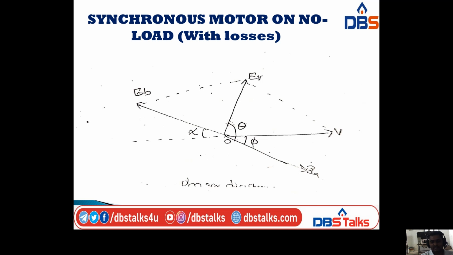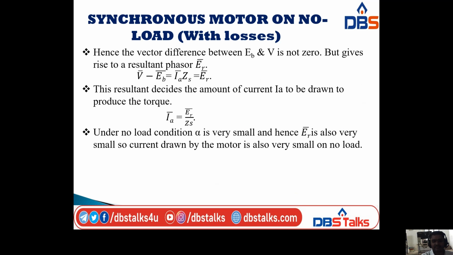The supply voltage also leads the resultant EMF at an angle theta, like this. We are taking the synchronous motor on no load with losses. Hence the vector difference between EB and V is not zero in this condition, whereas previously it was zero.